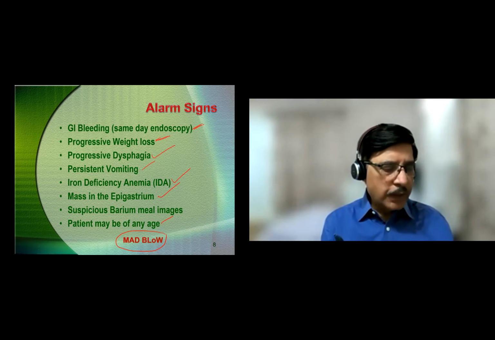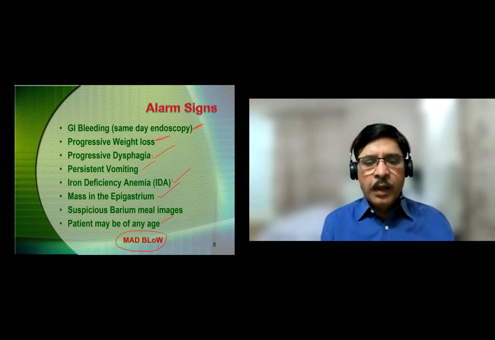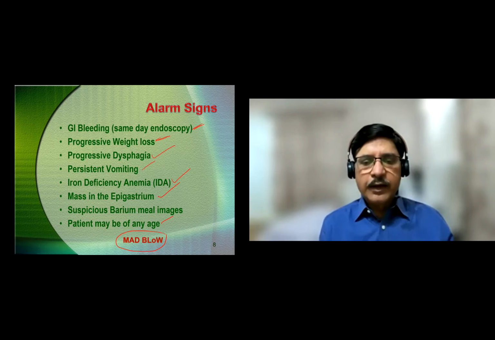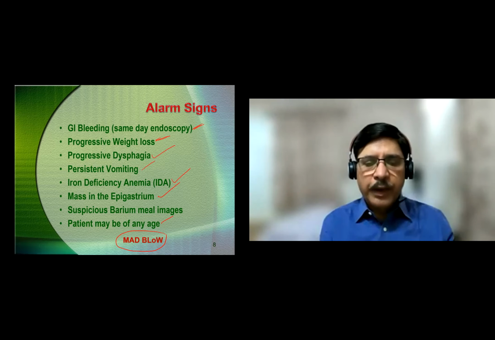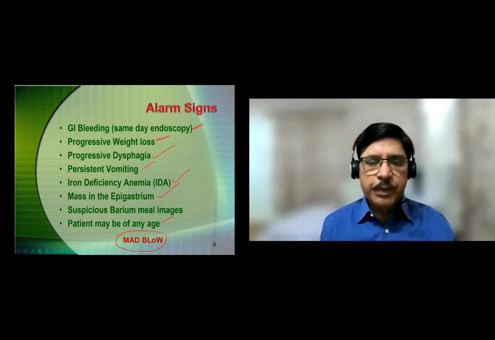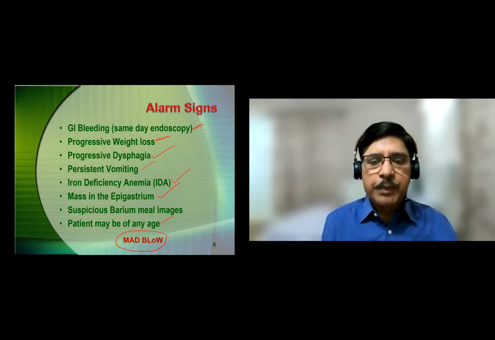Mass in the epigastrium or upper abdomen, and then A, unexplained anemia; D, dysphagia, difficulty in swallowing; BL, blood in the vomit or in the stool; LOW, loss of weight, and the patient may be having suspicious barium images, and age may be anything.